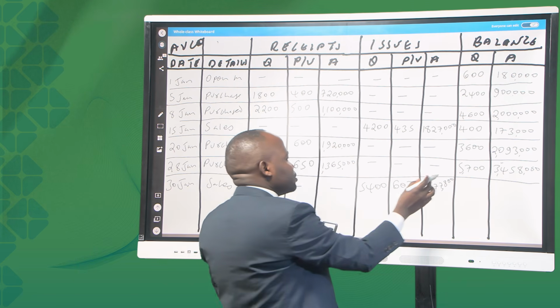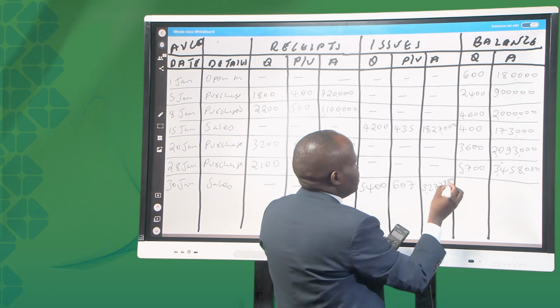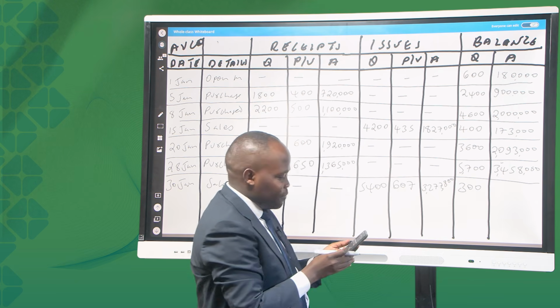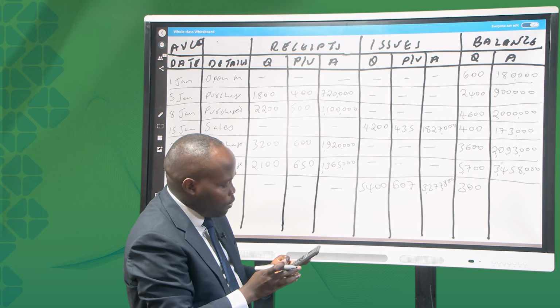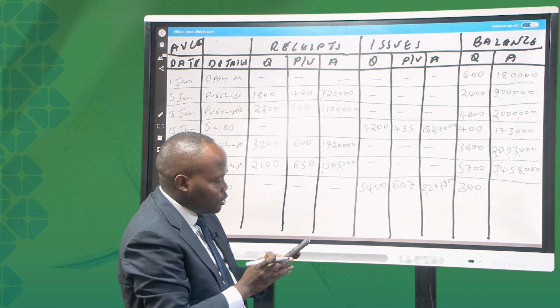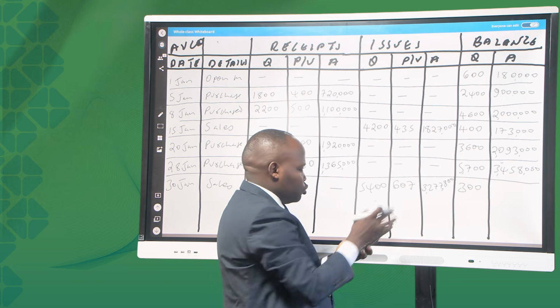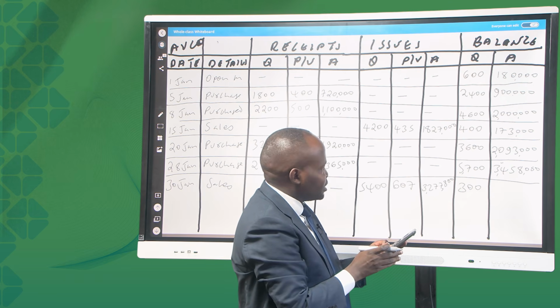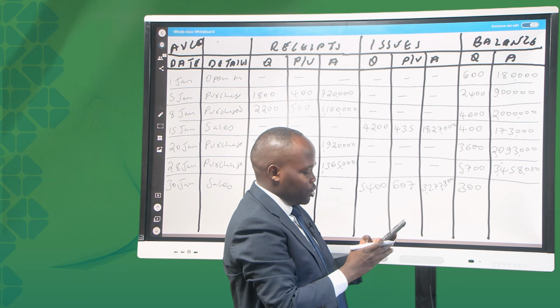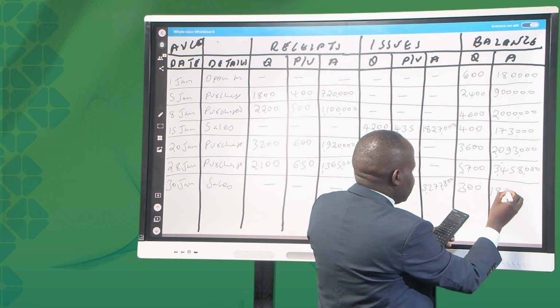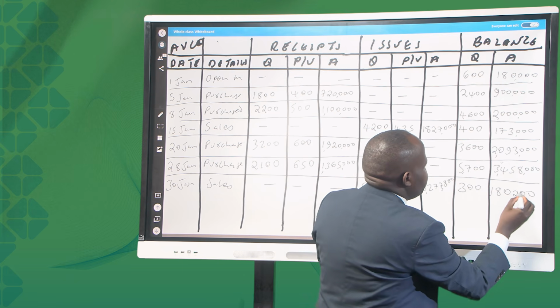Then we reduce this. 3,458,000 minus 3,277,800 gives us 180,200.